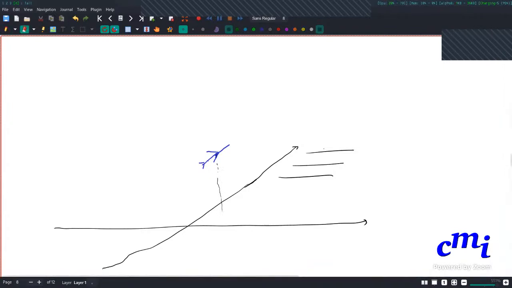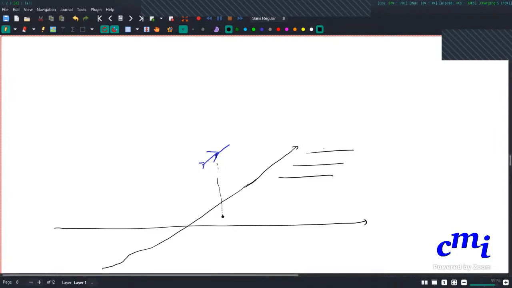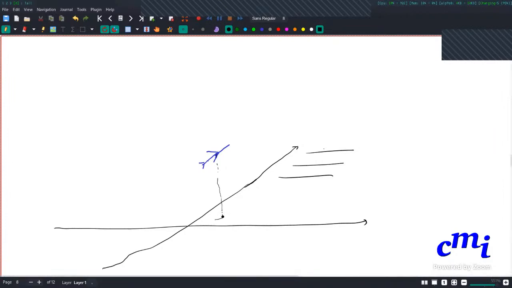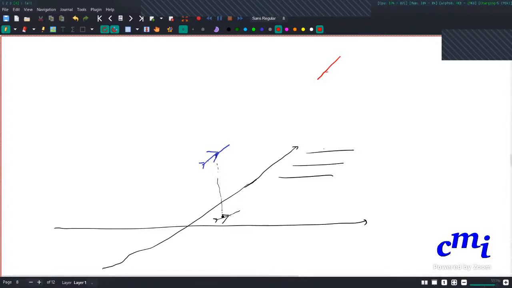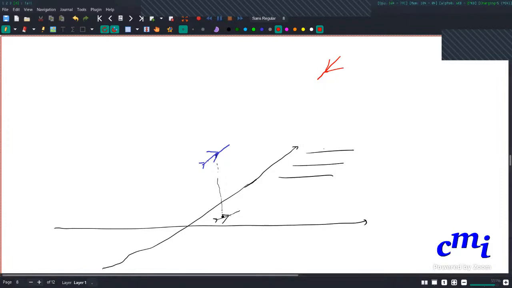Let's say that is at this point, right? And we can have this projected version of the blue aircraft over here. Similarly, we can have an intruder aircraft. Let's have that at a higher altitude, and it's descending, and let's say it is coming from this sort of angle and descending.